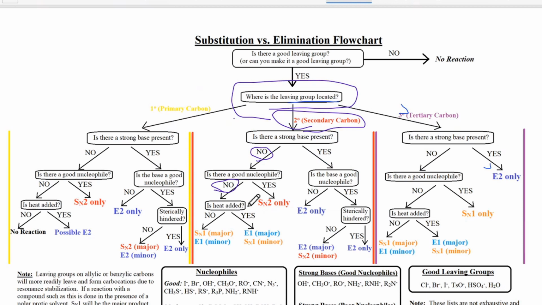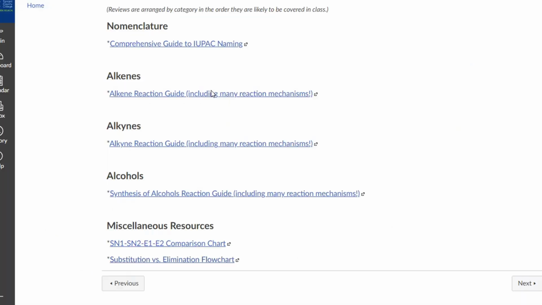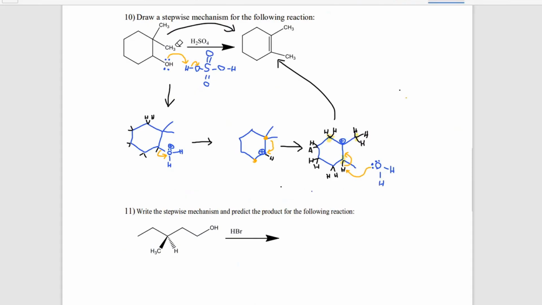Actually, heat would typically be added with this. So this ends up being E1 elimination with that first one. Typically, they would say that heat is added. In this case, there's really no good nucleophile, so concentrated acid will always give you the alkene.